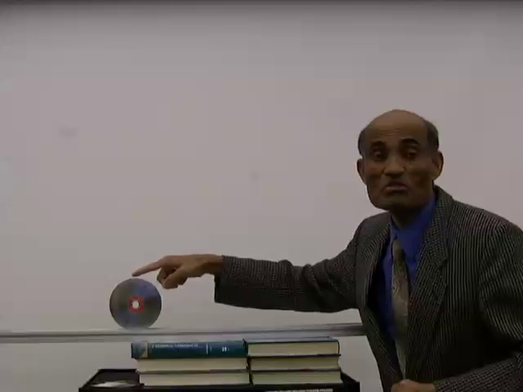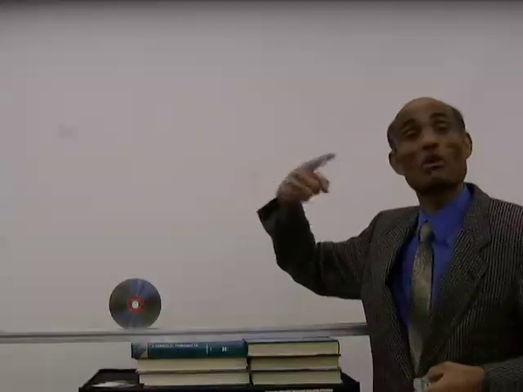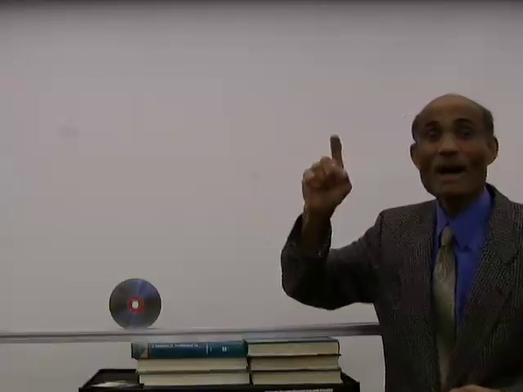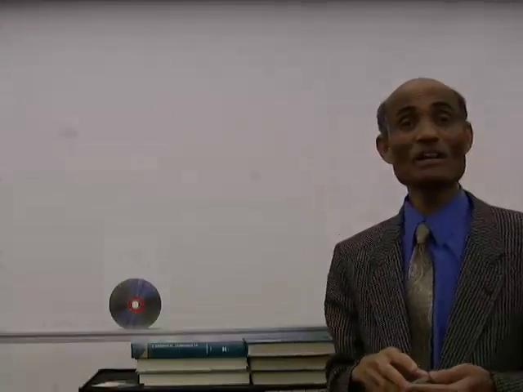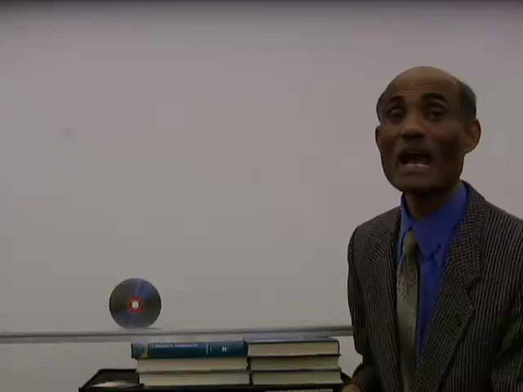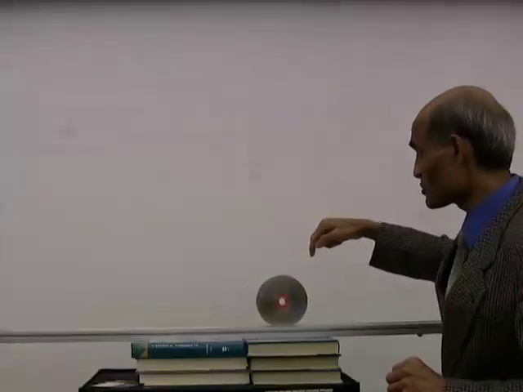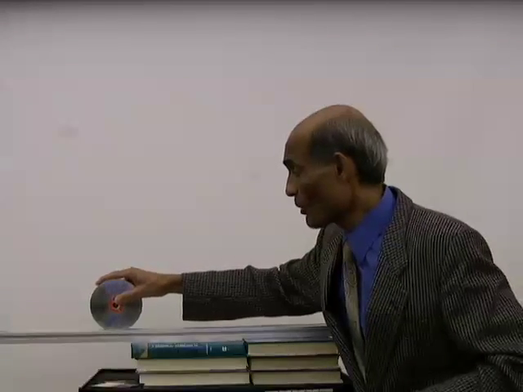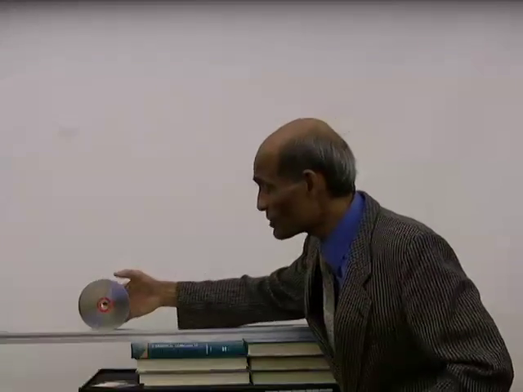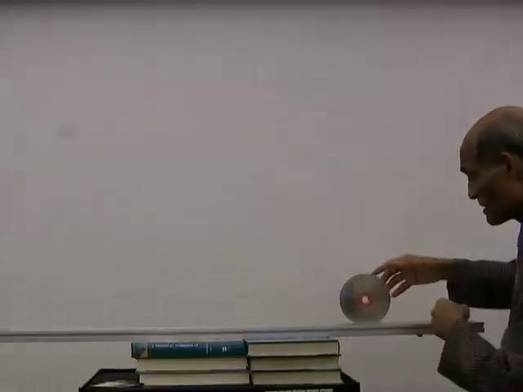So, when a disc is rolling, it is rotating. That means it has kinetic energy of rotation. What is the equation for kinetic energy of rotation? K rotation is 1/2 I omega squared. And also its center of mass, this is the center of mass, moves in a straight line with a linear motion.